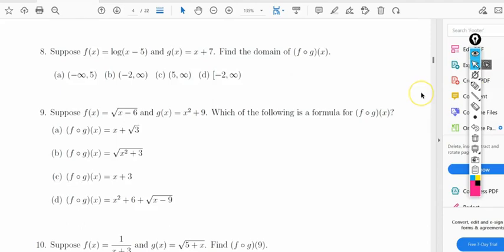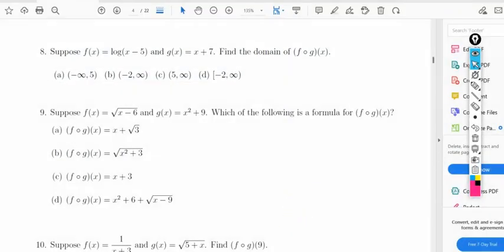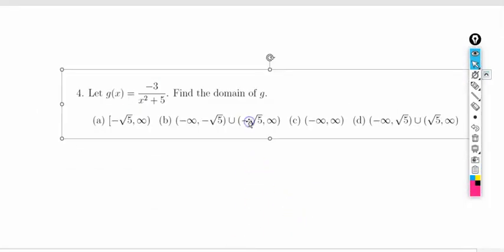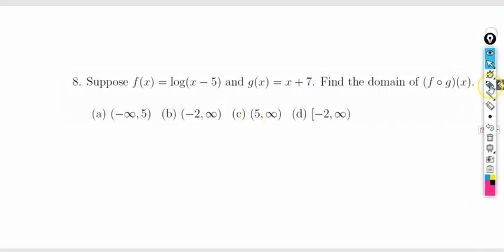All right, same kind of thing. Okay. Now again, the symbol is composition, not multiplication. And f composed with g is the first one evaluated at the second one. So instead of g of x, we have x plus 7.